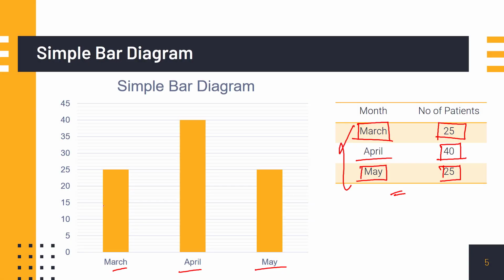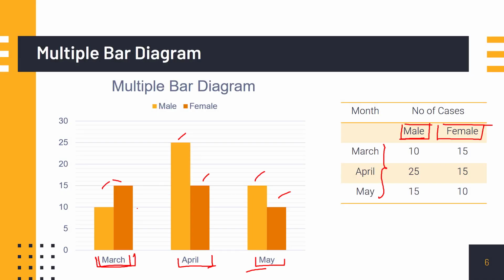The one common characteristic of bar diagrams is that they are very good for comparison. See, we can compare which month has the highest number of patients. Instantaneously we can say that April has the highest number of patients with the help of a simple bar diagram. Here also we can instantaneously say which month has the highest number of female. That will be both March and April, right?